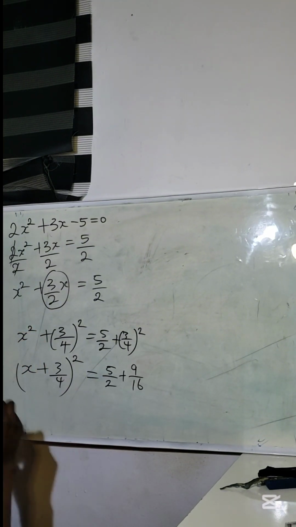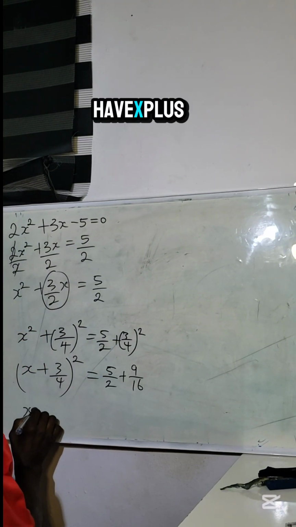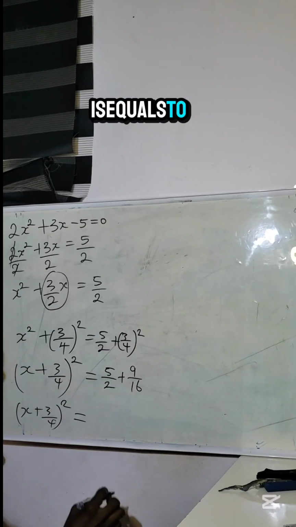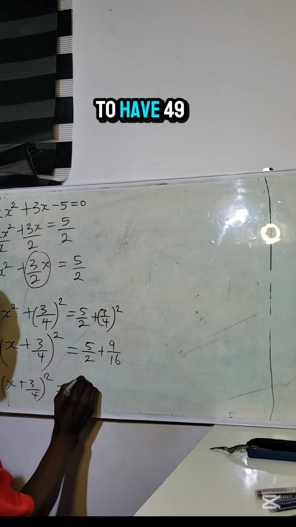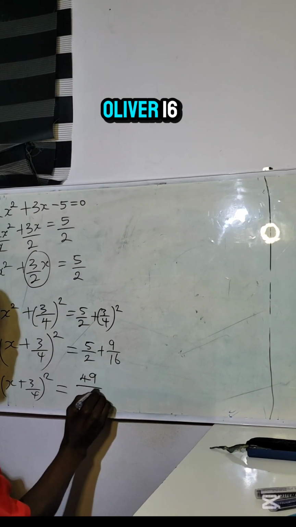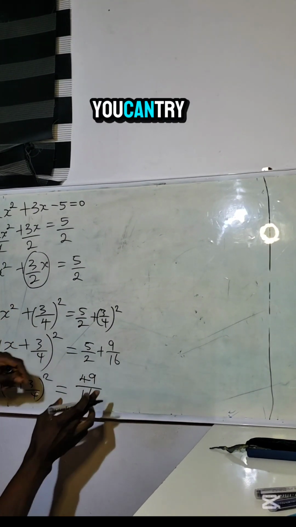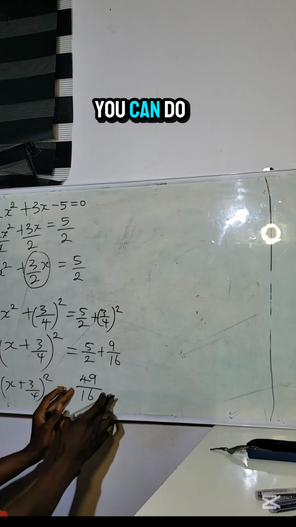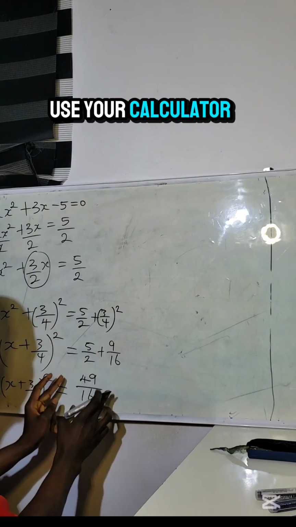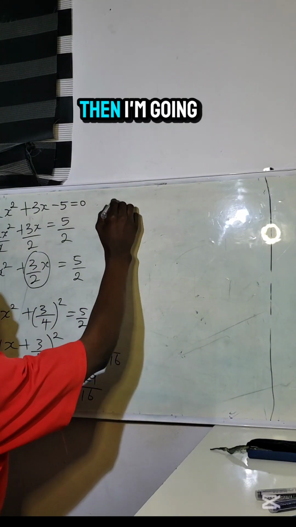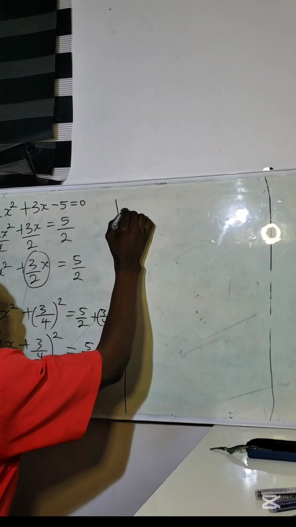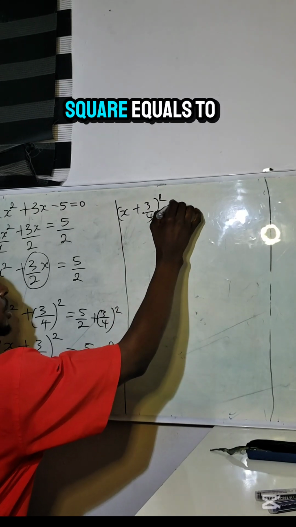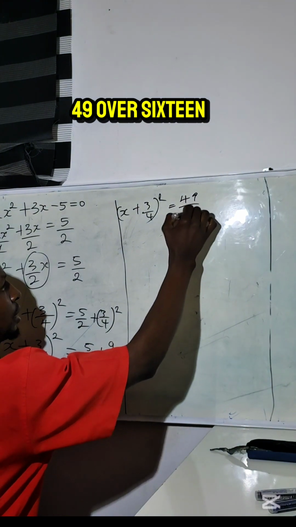When I simplify this, I'm going to have 49 over 16. You can try to simplify this to verify my answer, or you can use your calculator to confirm it. So I have x plus 3 over 4, all squared, is equal to 49 over 16.